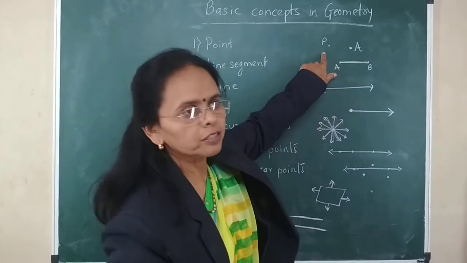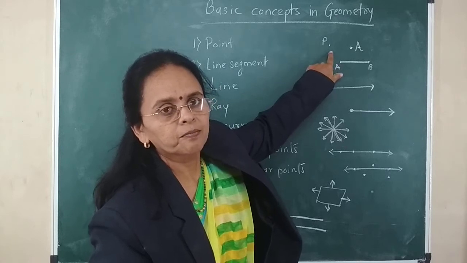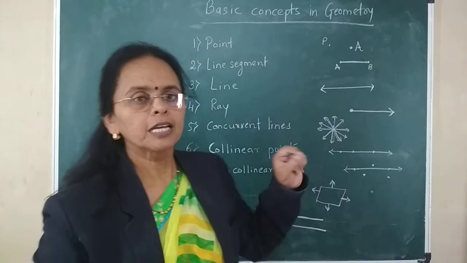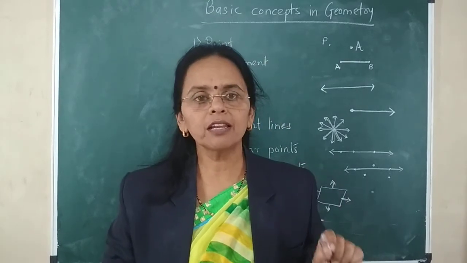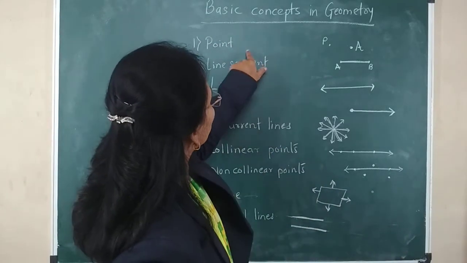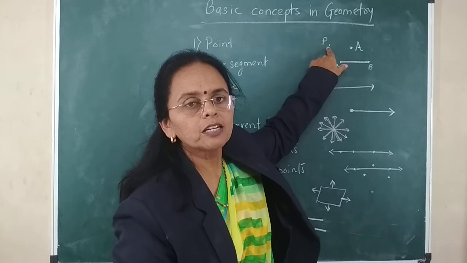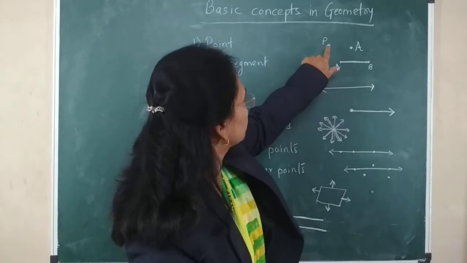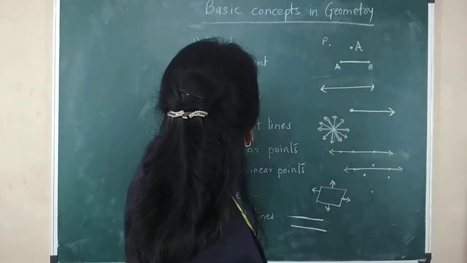This dot is the symbol of a point. And this point can be named with a capital letter of any alphabet. So, a point is a single dot that can be named by any alphabet.